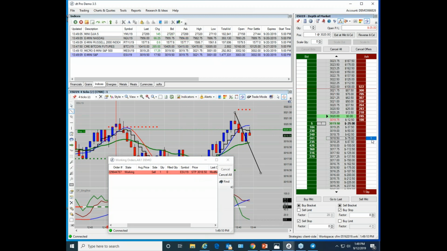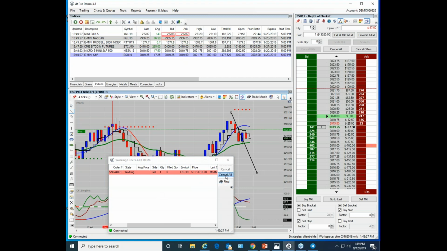Okay. So right now we're long. I'm going to stop at 18, and it's right here. When we get out of the position, this box should be blank. If there is something in there, you got something working, and so you just have to hit the cancel all button. You got to get rid of it. That's why you should have this box open.